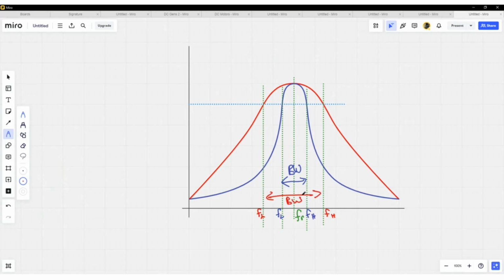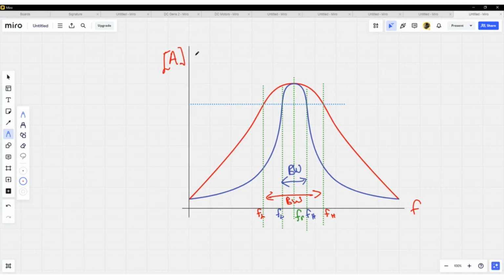Wide bandwidth means that you have more frequencies being passed, and a narrower bandwidth means you have fewer frequencies being passed. Remember here on the x-axis, this is frequency, and this is essentially our gain on the y-axis.